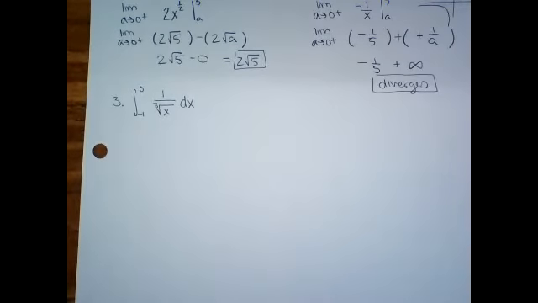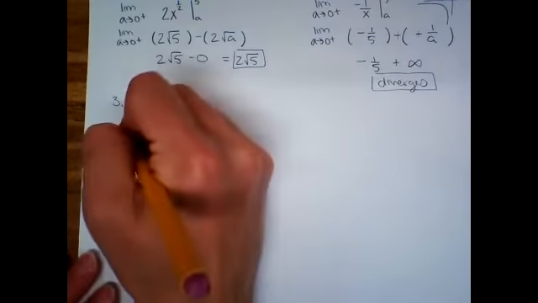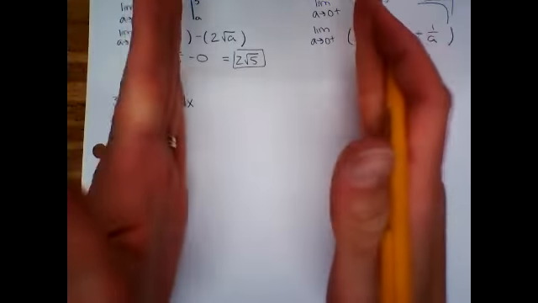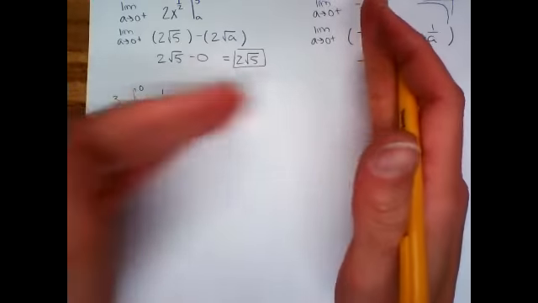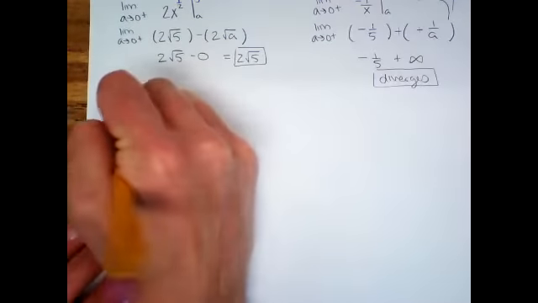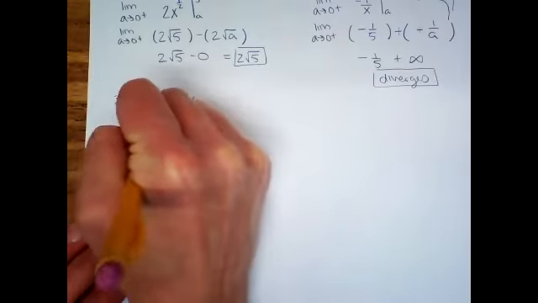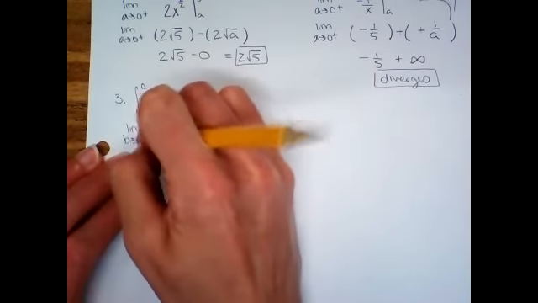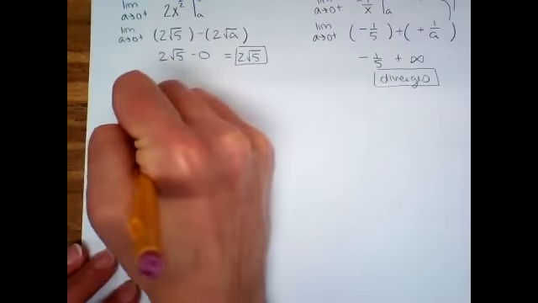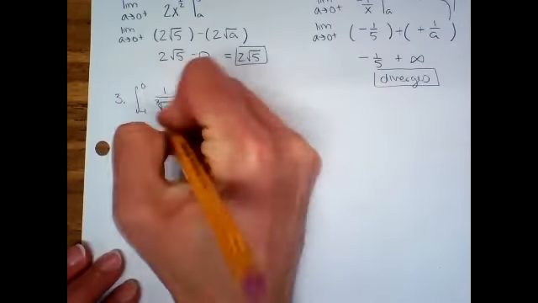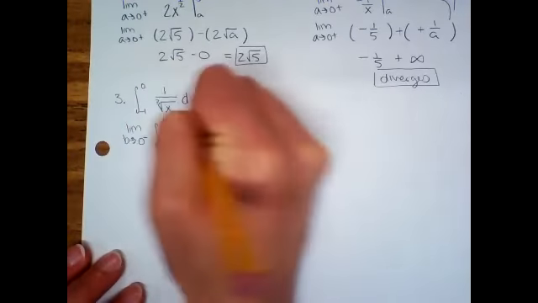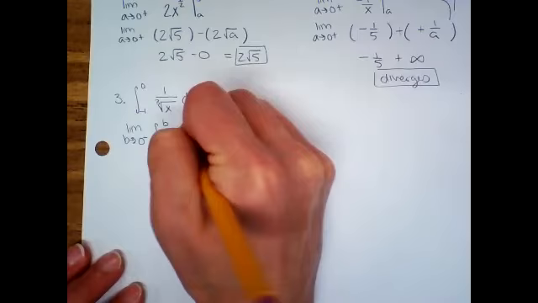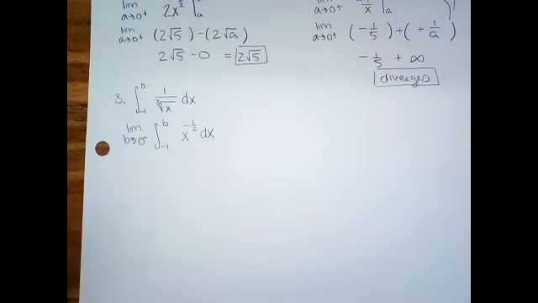This time it's the upper boundary, so I'm going to use b, and we're going to approach from the left, because if you think of from a to b, you would be approaching from the left side. So limit as b goes to infinity. Oh no, I'm sorry. 0, thank you. I just said that too. Limit as b goes to 0 from the left, integral from -1 to b, and then this would be x to the -1/3 dx.